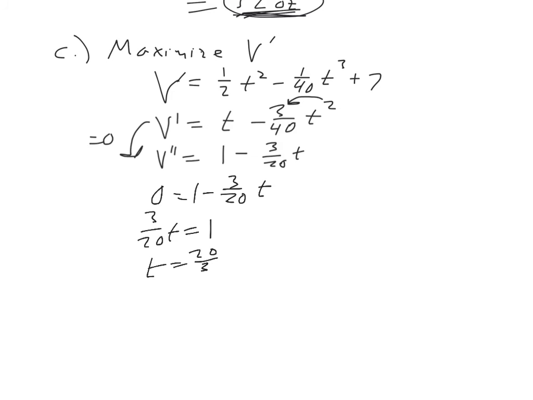But how do I know that this is the greatest rate? This could actually be the lowest rate. How do I figure out on this interval when the largest rate is versus the smallest rate? The answer is we need to use that same process that we've been using all along. I need to test what is the rate at 0 and what is the rate at 10. I need to see which of these three things is going to yield the largest rate.